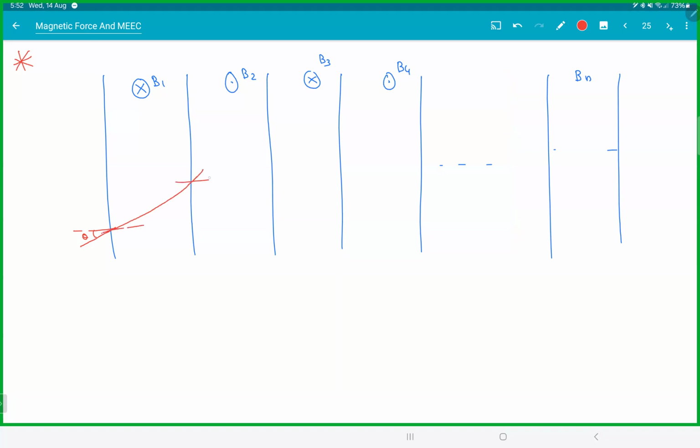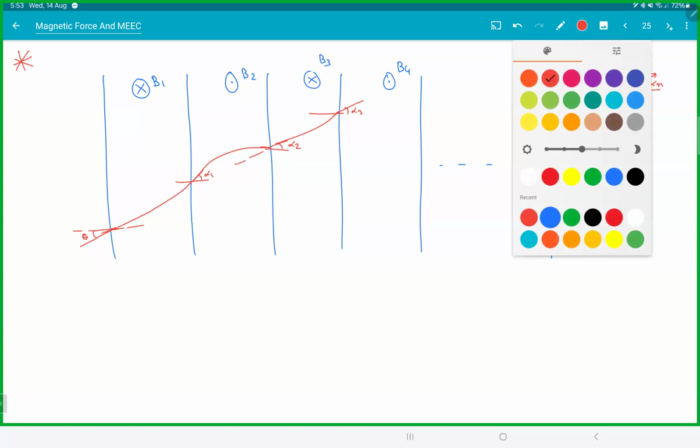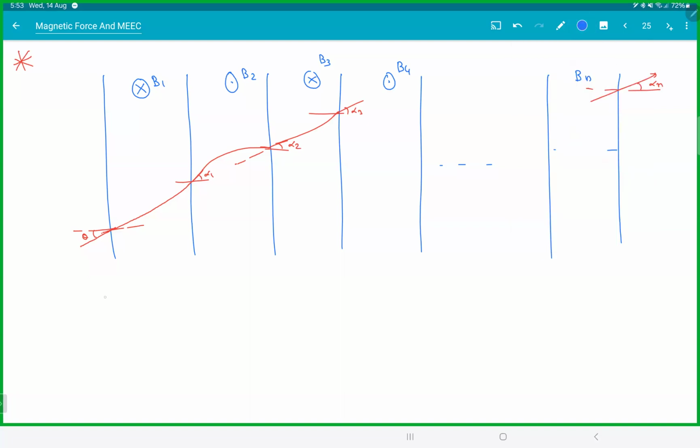This is alpha 1. Now this will take a turn like this. This is alpha 2. Getting it? And then it will go like this. This is alpha 3 and so on. Finally, when it comes out, let's call it alpha n. Right?